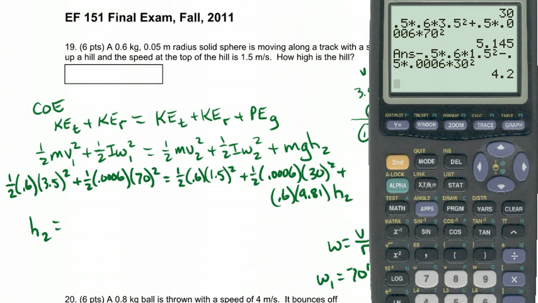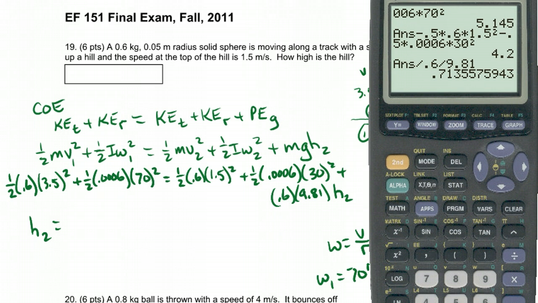So that net energy is 4.2, divided by 0.6, divided by 9.81. 0.7135, or 0.714. That will be meters. Everything's consistent.